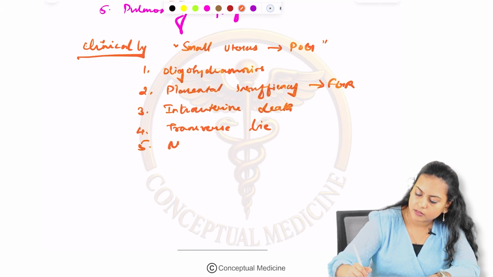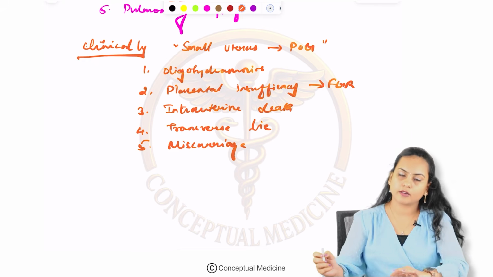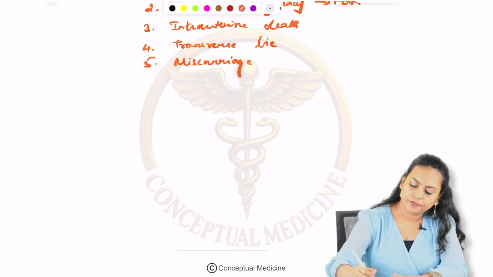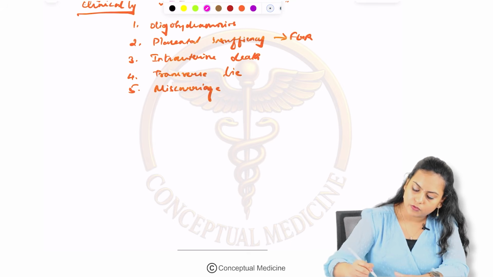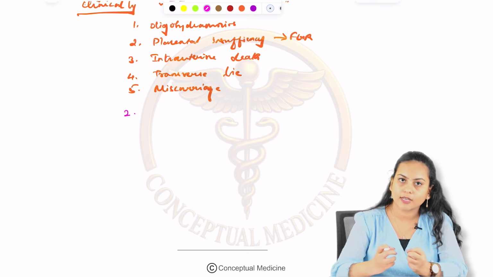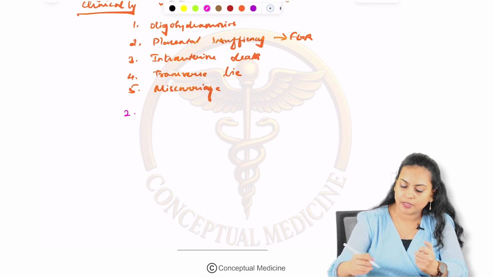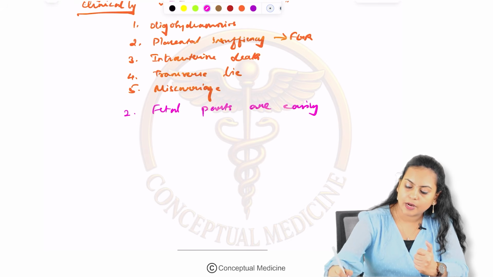In some cases, you also have to rule out miscarriage if it is happening early. The other point you will see clinically is that the fetus will be closely surrounded by the uterus, just like it has been clamped by the uterus, so that fetal parts are easily palpated.